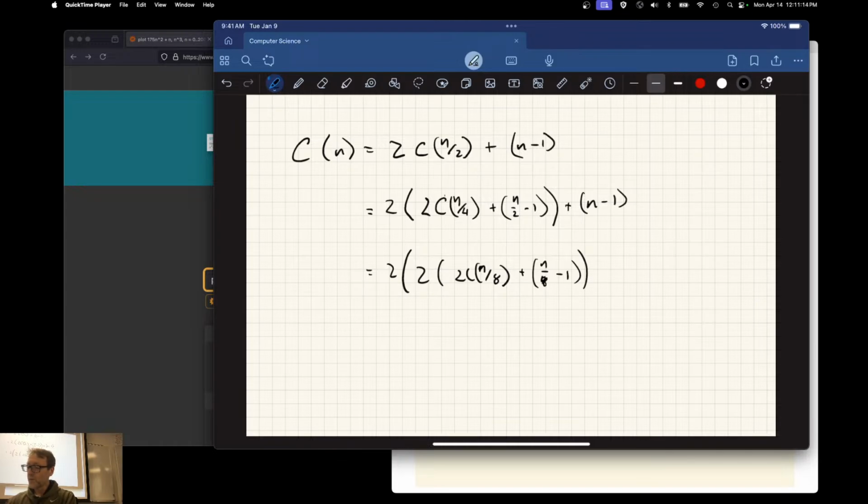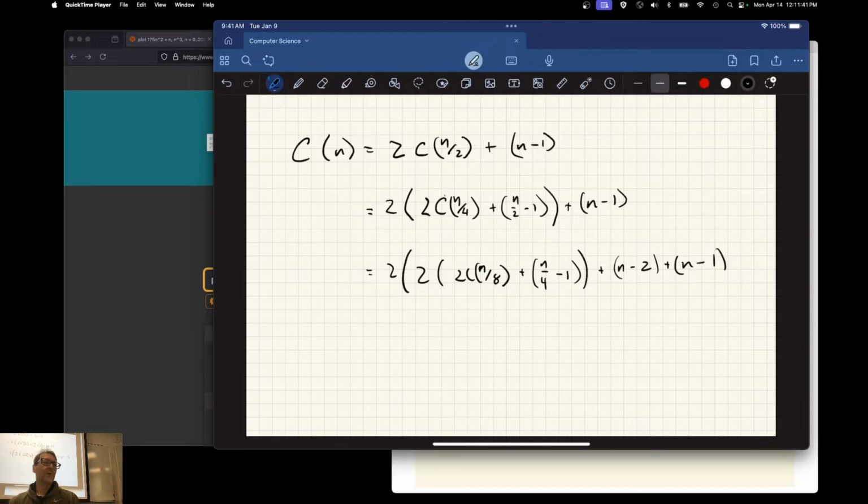And then don't lose everything else. So actually this 2 will cancel with this 2, so what do you have? N minus 2 plus n minus 1. There we go. Keep those in parentheses because you're going to want a pattern to emerge, basically.